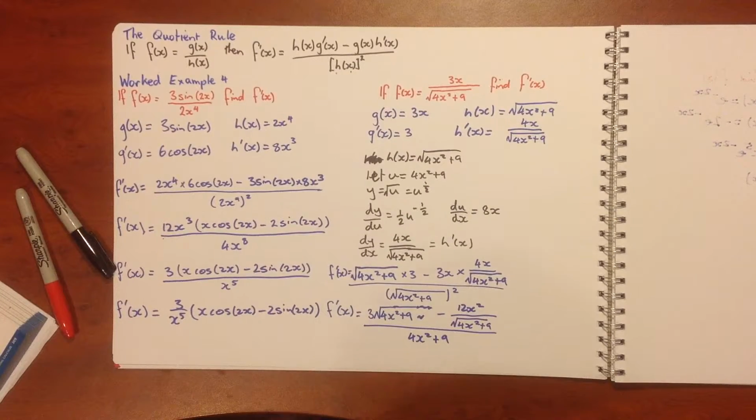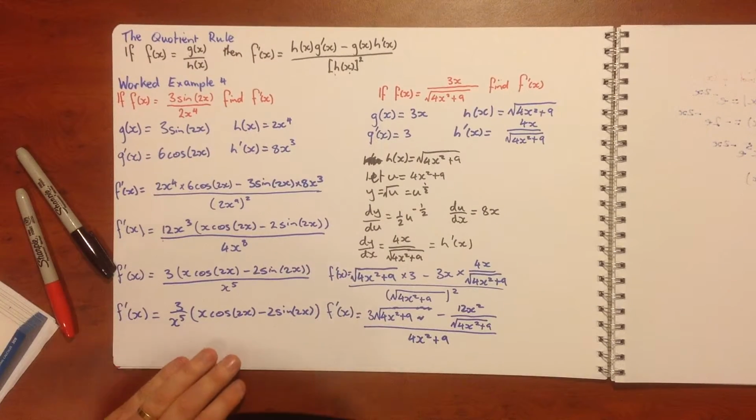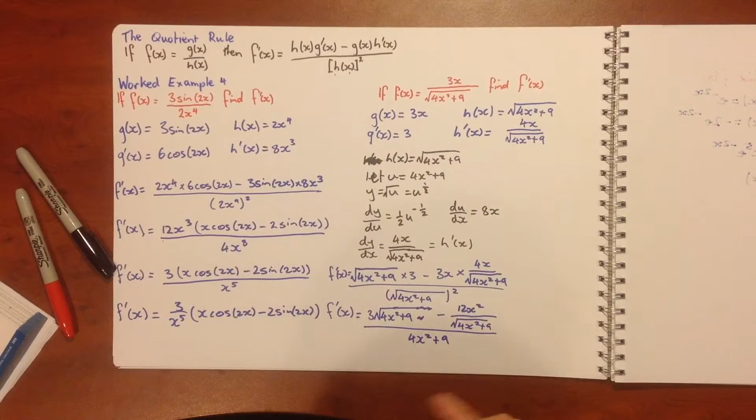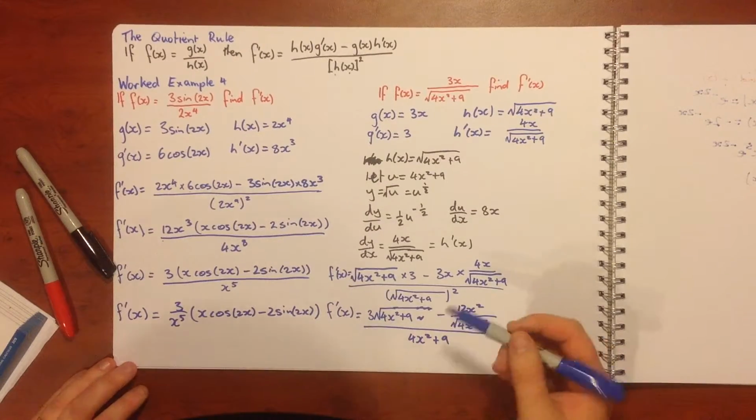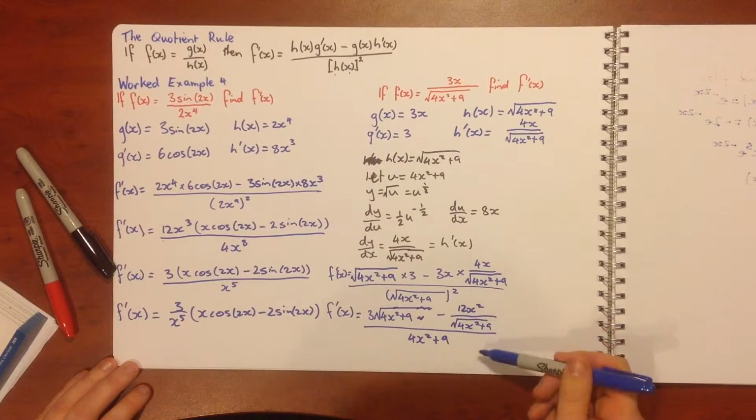Now they do a little bit of work in the book, just a bit of rearranging, and I'm clearly running out of space here. We have to do a little bit of work to our top line, make our denominators the same so we can bring them together, and then do a bit of flip and multiply, because it's a fraction over a fraction.